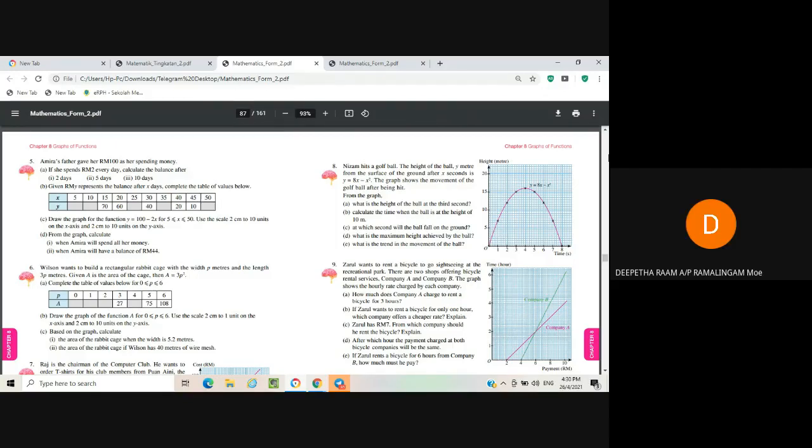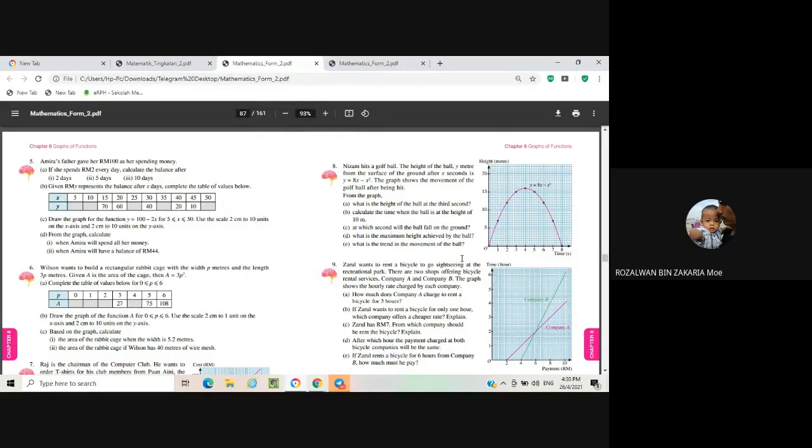Teacher, what do they mean by trend? Which one? 8E. What is the trend in the movement of the ball? Trend means the pattern. What is the pattern?